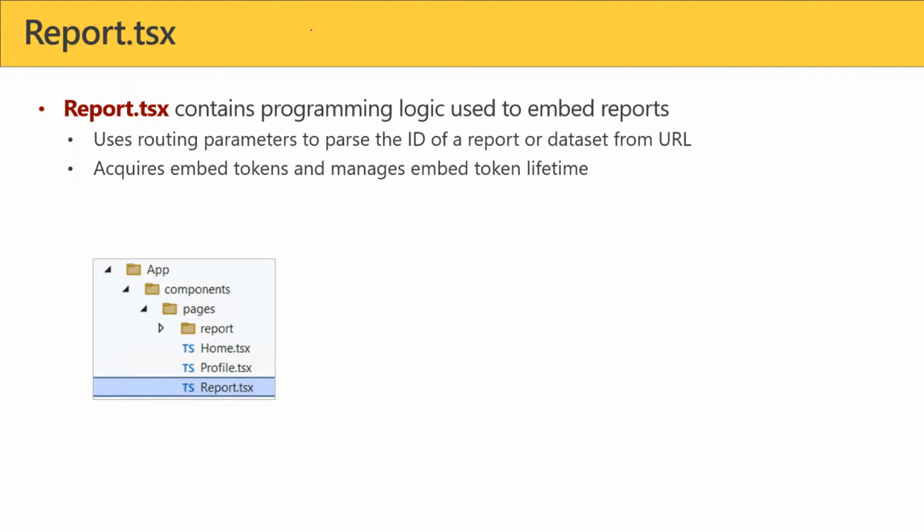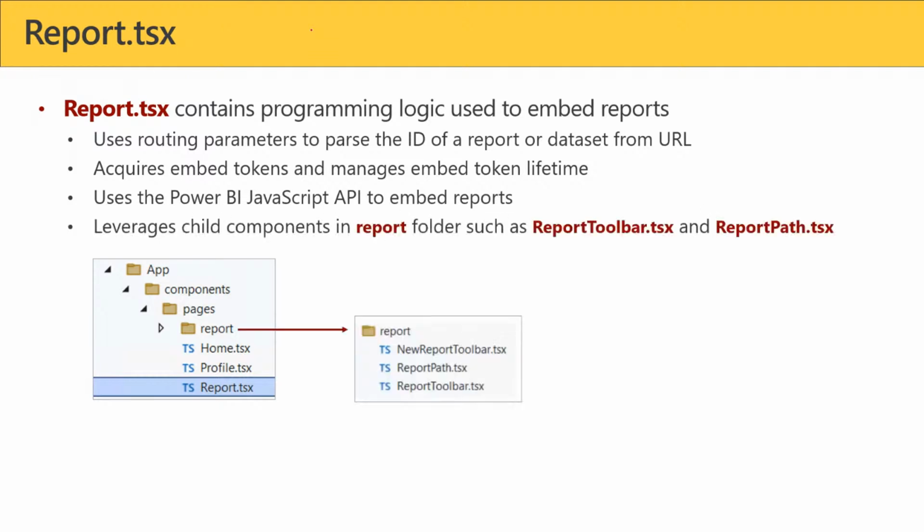So notice that in this case, I'm not getting the embed tokens inside of the app context, because we have to refresh embed tokens more often. So I think it's separate data. So, report.tsx is going to have the storage for embed tokens, and also the code to manage token lifetime. Now, it's going to use the Power BI JavaScript API to embed the reports.